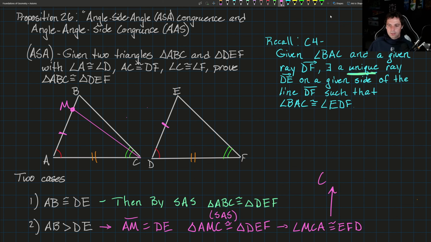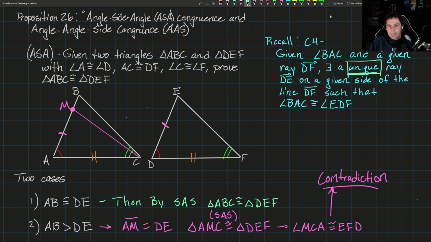This is a contradiction, because we already stated that angle F is congruent to angle C. And unless CM is the same as CB, so they're the same thing, then angle MCA cannot be equal to angle BCA because of this uniqueness statement right here.